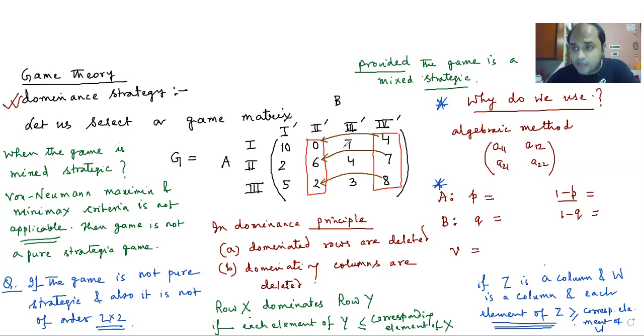So this word should be corresponding. Now, once it is happening and you can find it out, then you will say that my column 4 prime is dominating, and therefore I can erase the dominating column from the picture in the further matrix.